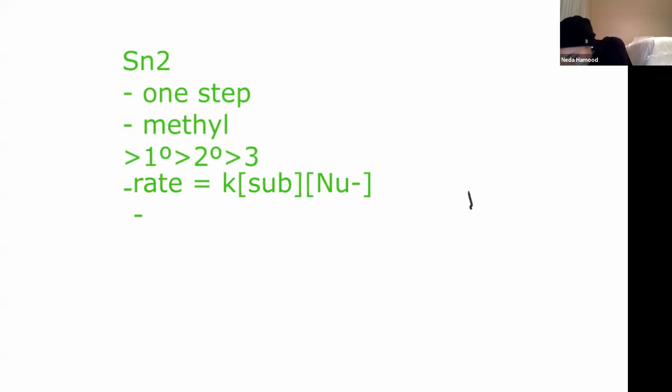Let's say that we have a Br here, and this is our leaving group, then it's only connected to a CH3 like that. So that wouldn't even be primary, that would just be a methyl, if that makes sense. So yes, that is what I'm talking about there.